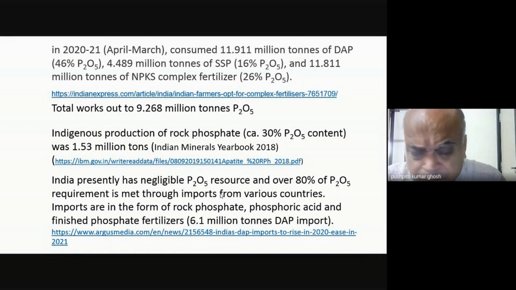So again, we are importing something like 85% of our crude oil requirements. And over here you can see we are importing about 80 to 90% of our requirement of phosphorus. And later on you'll find the same is the story with potassium. So we are in a very vulnerable situation.